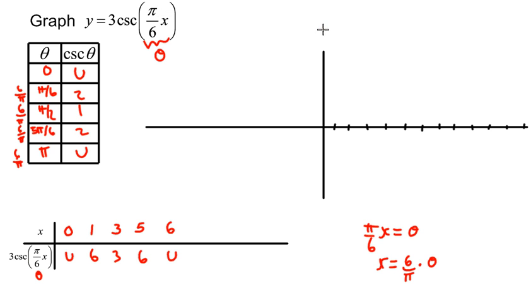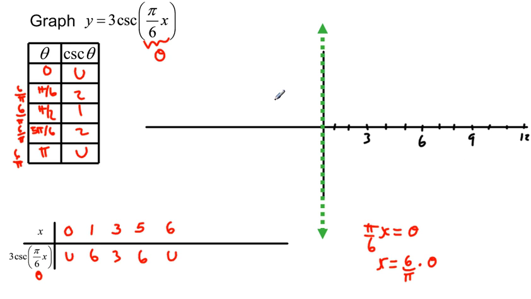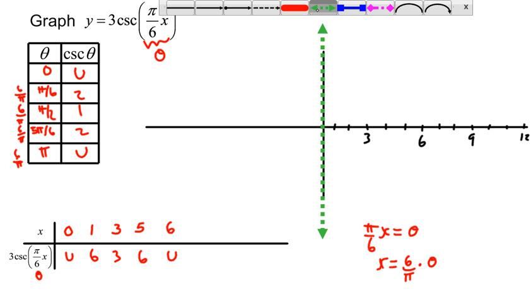Maybe I should label some of these, 3, 4, 5, 6, 7, 8, 9, 10, 11, 12, just to give some reference. Another vertical asymptote at 6 is going to be right here.